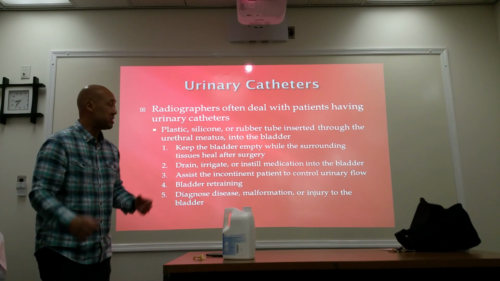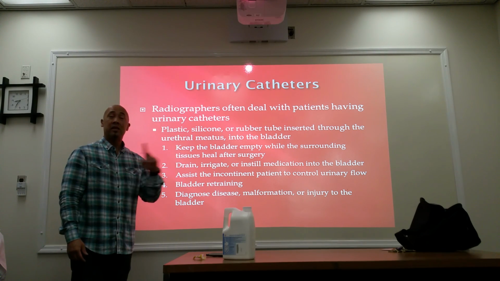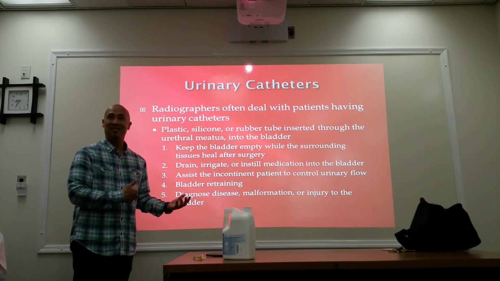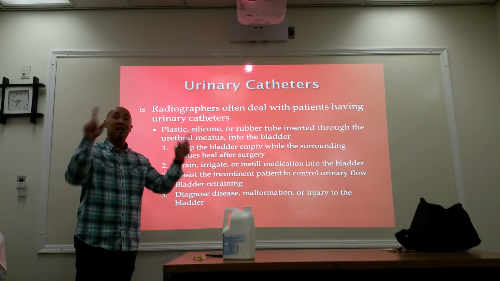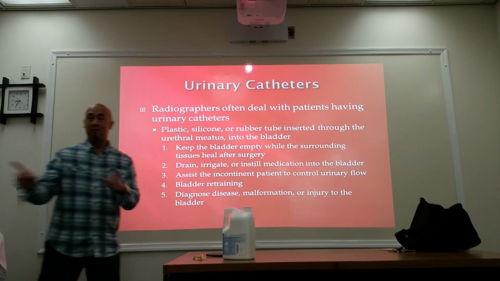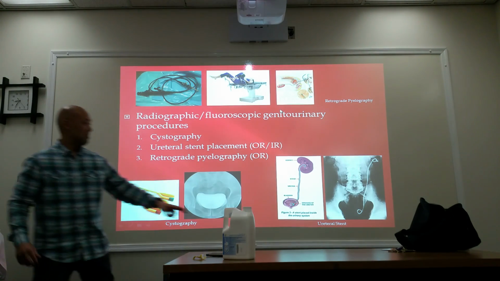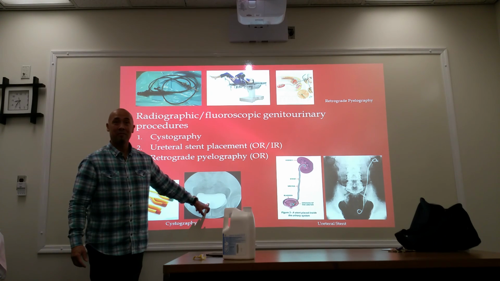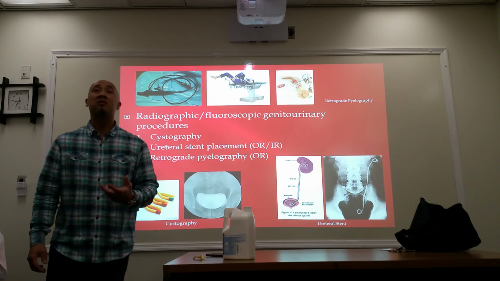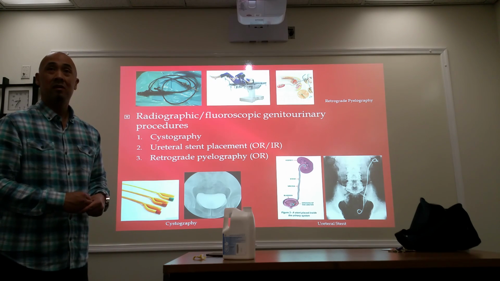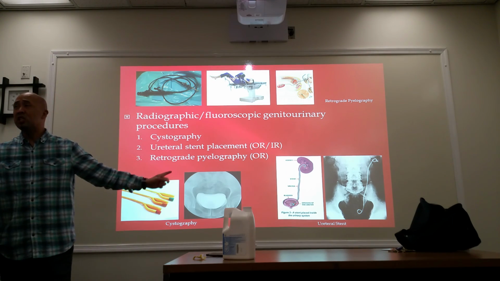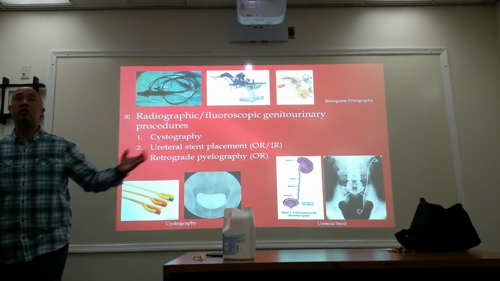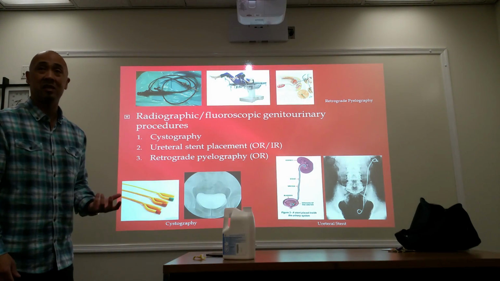Radiographically, for radiographers, the catheter will go in there and we will inject contrast through that catheter, so now we see a lining of the bladder. It's called a cystogram. So we also use different catheters for imaging purposes. In addition to what we've listed here, we also have these urinary catheters to do different types of radiographic studies.